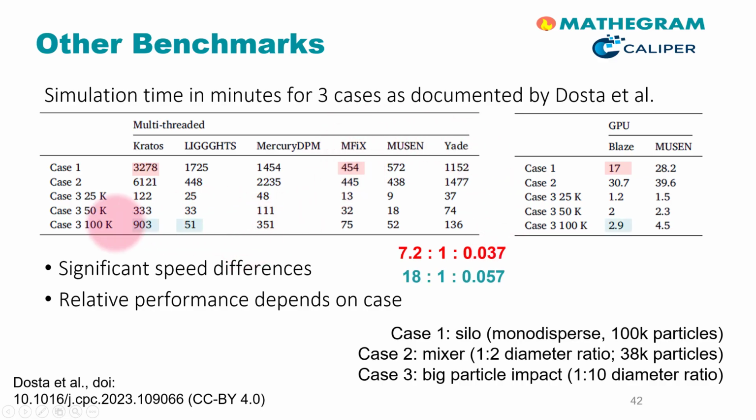Instead, for case number 3, the big particle impact case, the differences between the CPU codes is much larger. Look at that, i.e. 18 in this case, and the GPU to CPU comparisons show a more moderate advantage, i.e. only 5.7% of the time is needed by the GPU compared to the fastest CPU code.